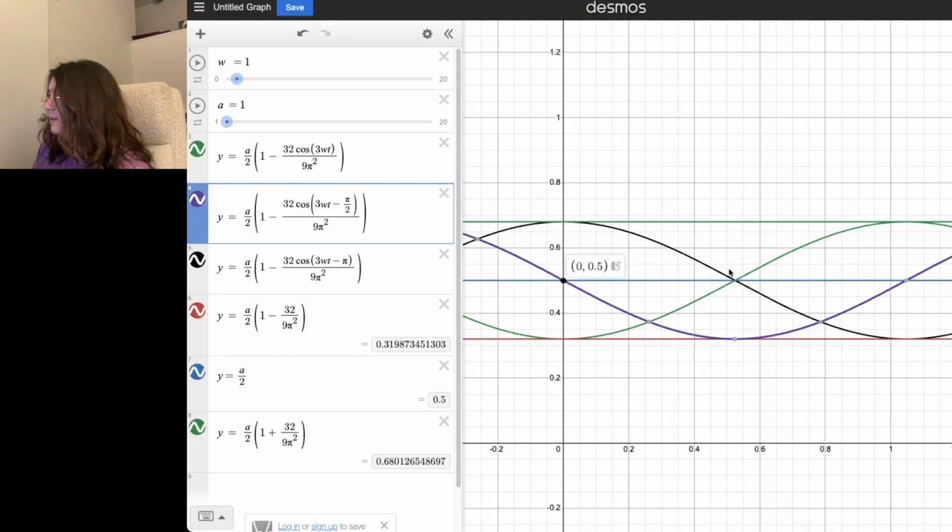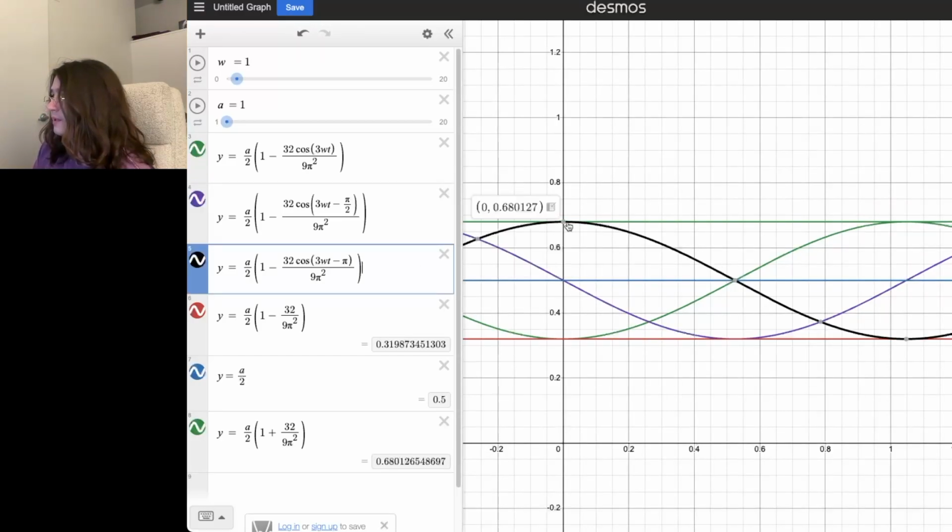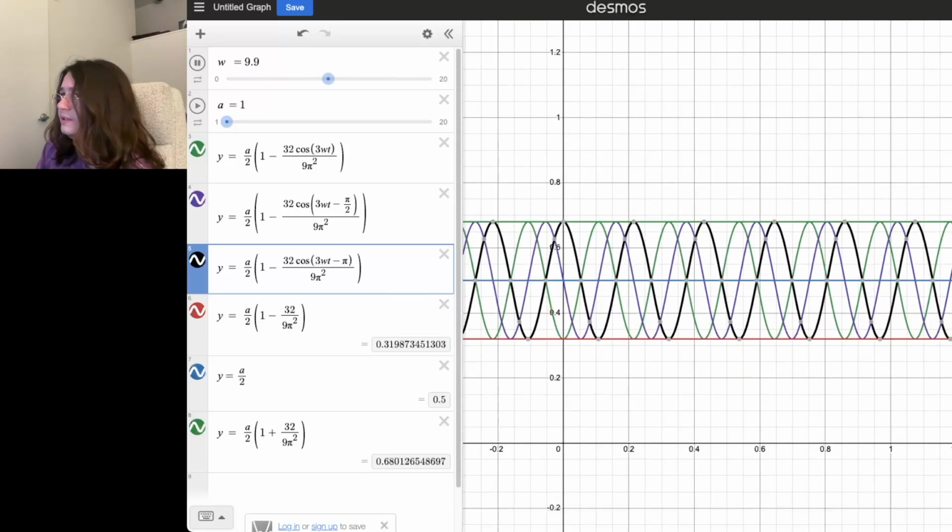And then the last one with the phase set to pi will actually start with a over 2 times 1 plus 32 over 9 pi squared. Starts right there. So yeah. Also, you can change the frequencies, and it'll go wee.